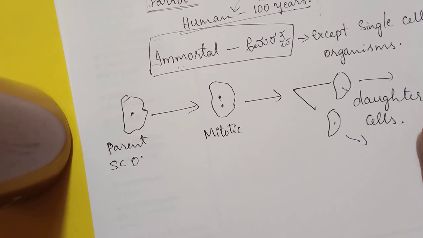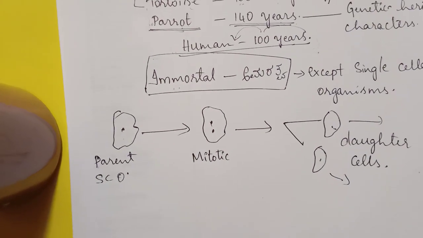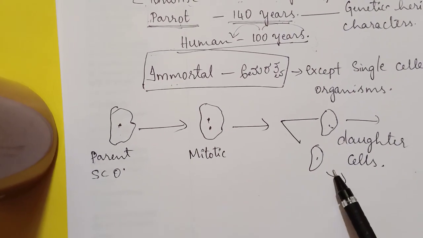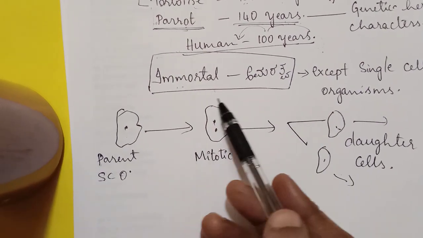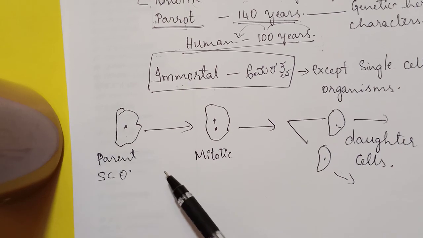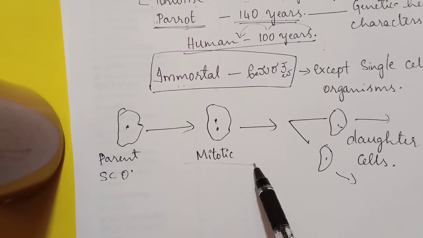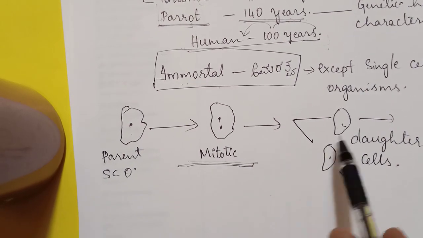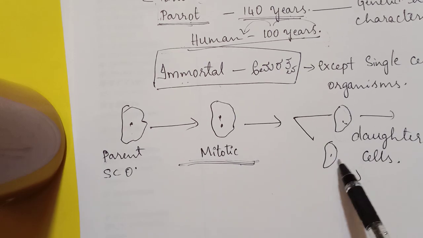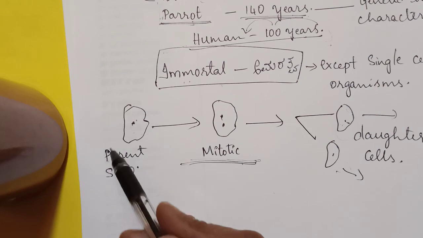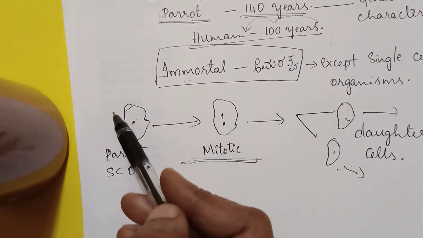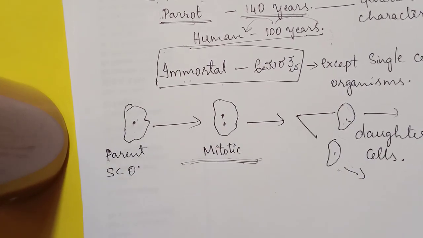It will grow into a new one. So single-celled organisms are referred to as immortal organisms, and they always undergo mitotic division, so that the newly formed daughter cells will always resemble their parents, or are always similar to the parental one.